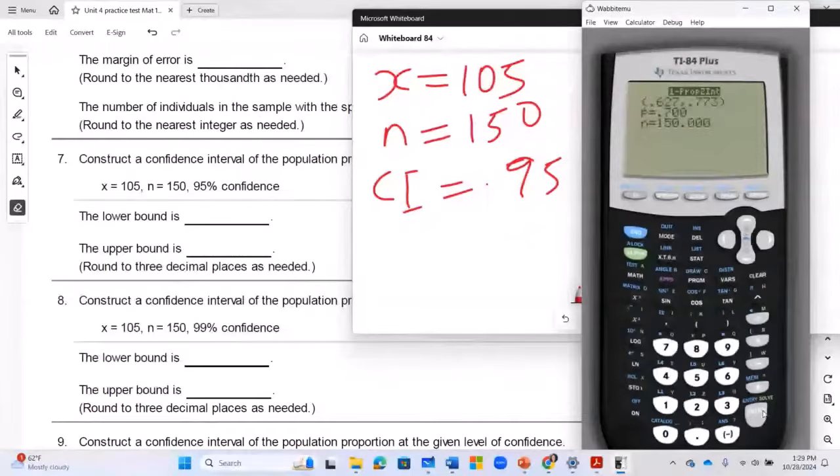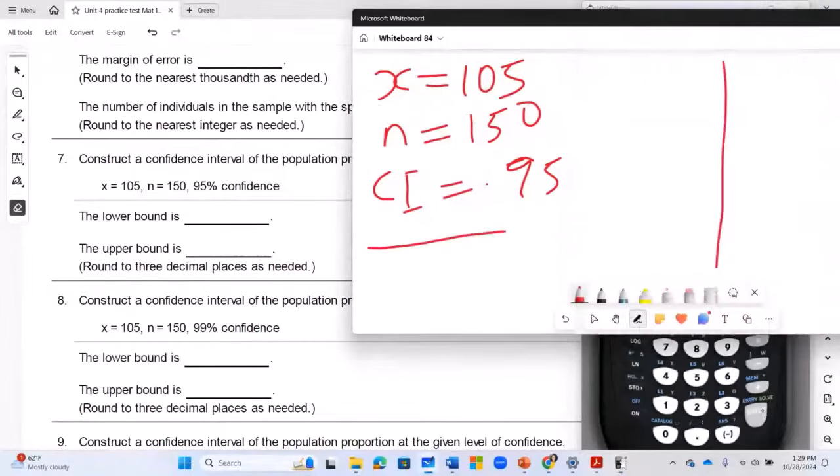So the lower bound is 0.627. On a number line, there is the lower bound of this confidence interval and the upper bound is here, and the middle is the sample proportion, P hat.